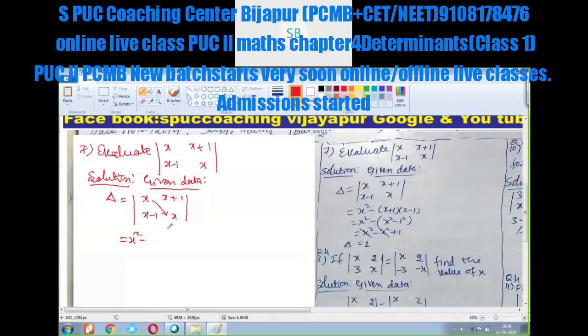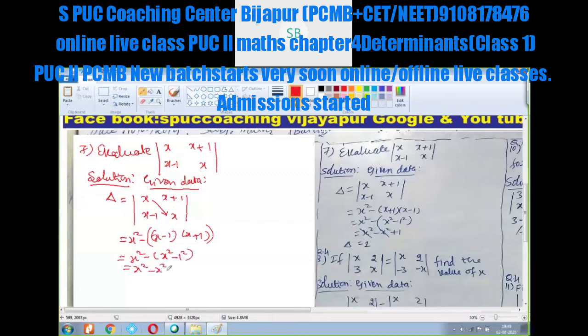Okay, if you like to do directly you can do it, otherwise you mention here x minus 1, next here x plus 1. Okay, if you like to put one more bracket you can put it, no problem. This is similar to a minus b, a plus b, that is a square, it means x square. Next minus b square, that is 1 square.